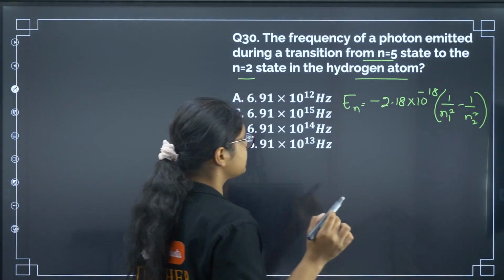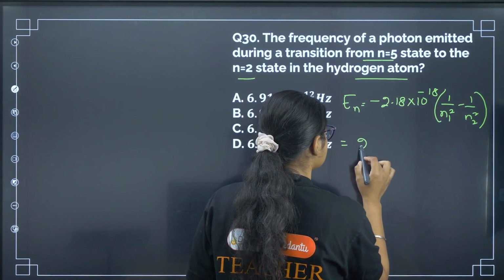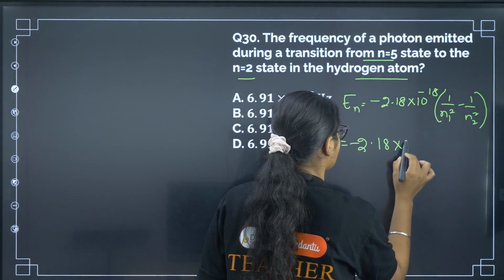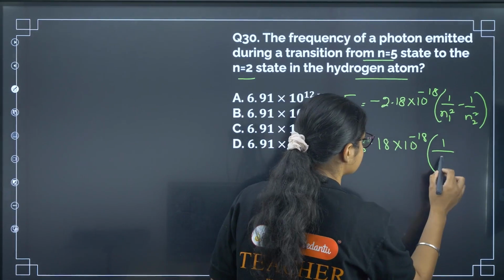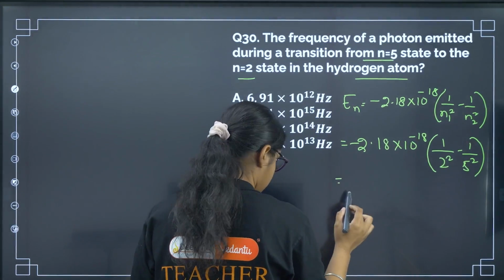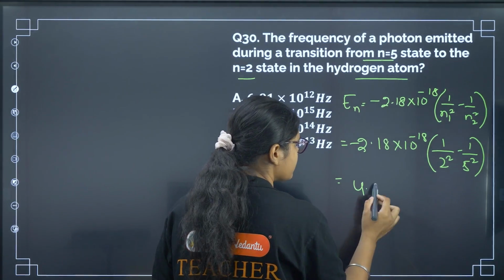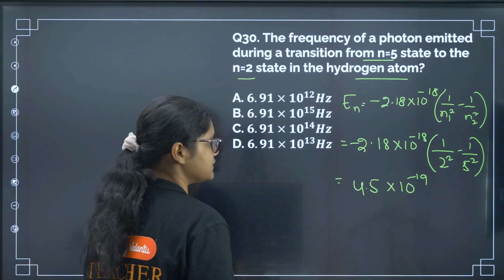So the transition has taken from n is equal to 2 to n is equal to 5. So we can write like this, minus 2.18 into 10 to the power of minus 18, 1 by 2 square minus 1 by 5 square. If we solve this one, we will get 4.5 into 10 to the power of minus 19. Just solve this one and check once.